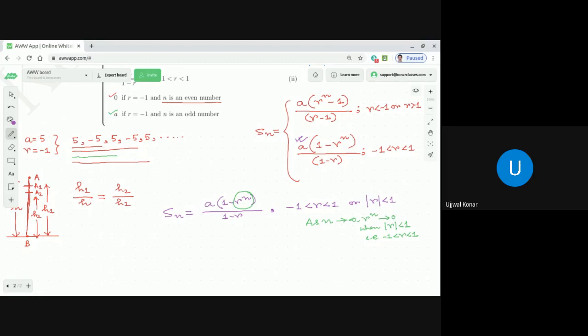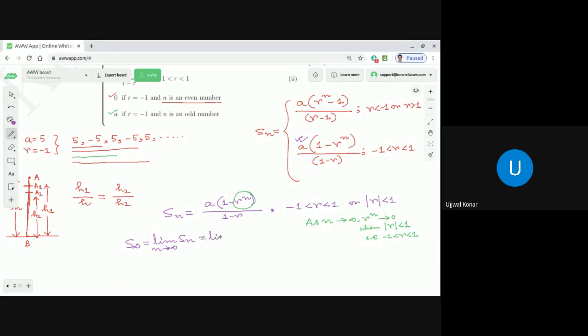If r to the power n is going to be 0, then we can ignore that value, na, in an approximate sense. So what value are we going to get then? We are going to get S infinity, the sum of that infinite series, which is nothing but the limit of Sn. Limit means it is a limiting value. No need to worry about this thing. Okay, n tending to infinity.